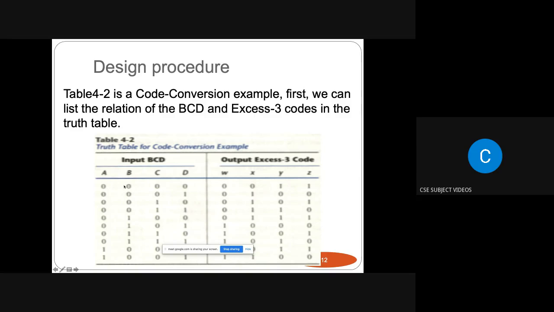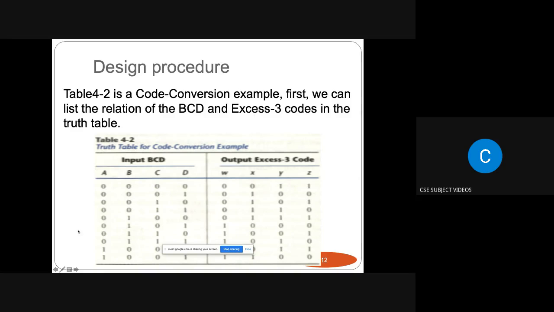So for 4-bit, we can have the values from 0 to 9, because for BCD representation, we have to consider the values from 0 to 9. It consists of a single decimal digit, so it is possible to represent the decimal digit with 4-bit binary representation.